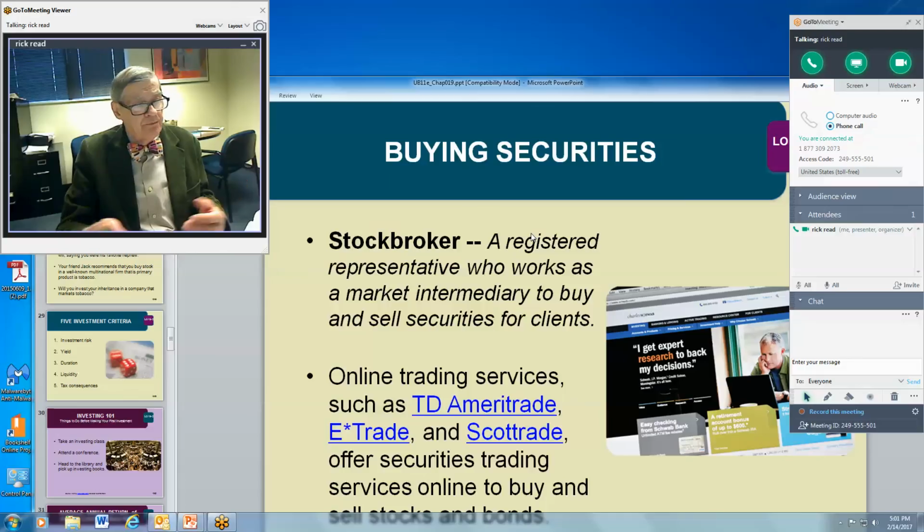We have some online trading services, TD Ameritrade, E-Trade, Scottrade. What I would tell you about online trading services is before you make any trade this way, do your homework. Now, I do not mean to say that any of these companies are into nefarious dealings. I don't mean to say that at all.